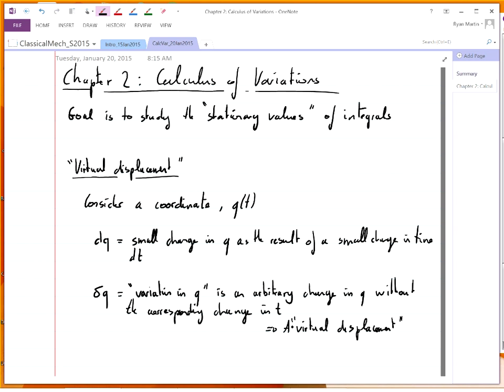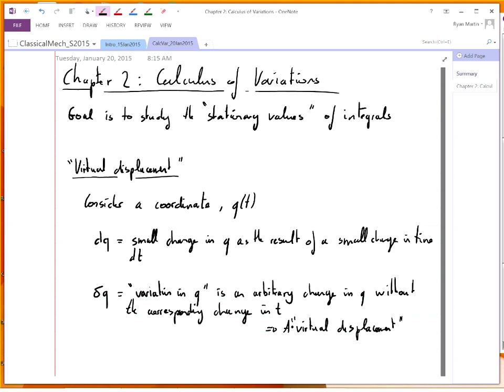And so dq is a change in Q that corresponds to a change in t, whereas delta Q is a change in Q that is inconsistent with a change in t. Maybe it's Q, you push it into the wall where the spring is, or something unphysical. It doesn't have a corresponding change in time with it. That's what we call a virtual displacement.